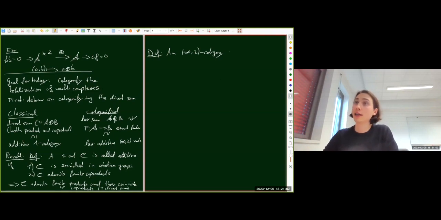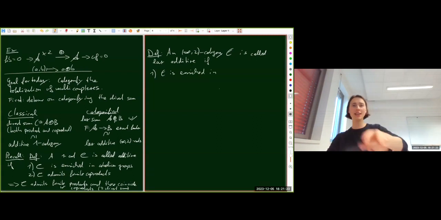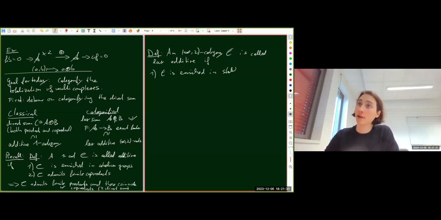So an infinity 2-category C is called lax additive if, firstly, C is enriched in, so what was the categorification of abelian groups? I hope you remember. It was stable infinity categories. So you want C to be enriched in stable infinity categories.